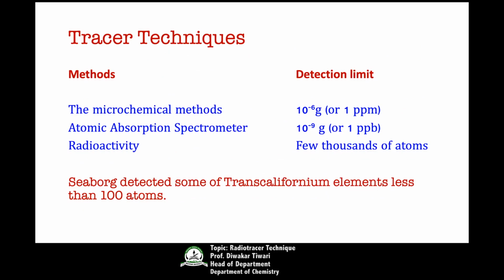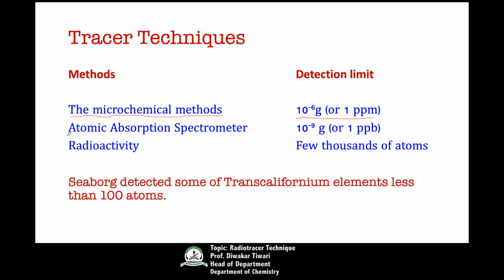For other techniques, for example microchemical techniques which you have studied in your UG or in your second or third semester courses, you might have used the UV visible spectrophotometer, which can provide a detection limit, the minimum level at which you can detect the analyte, of 10 to the power minus 6 gram, or 1 part per million.